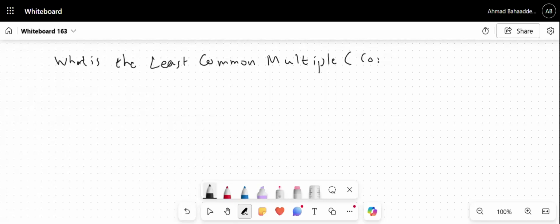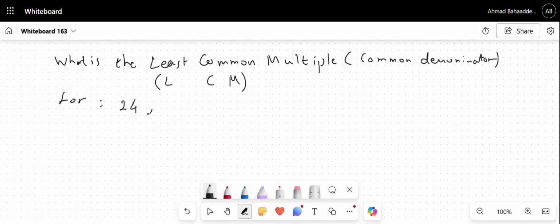We also name it common denominator, least common multiple, LCM, for, let's take, for example, two numbers for now. Let's take 24 and also 16.